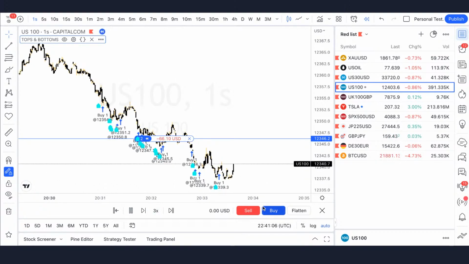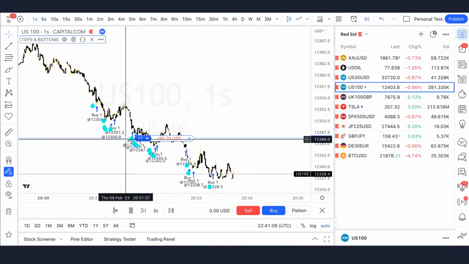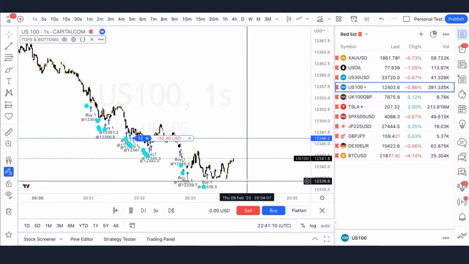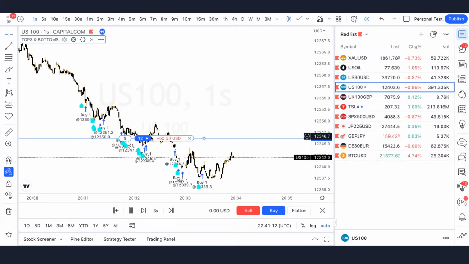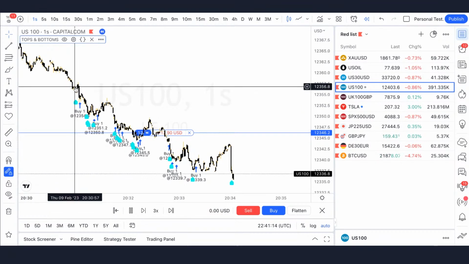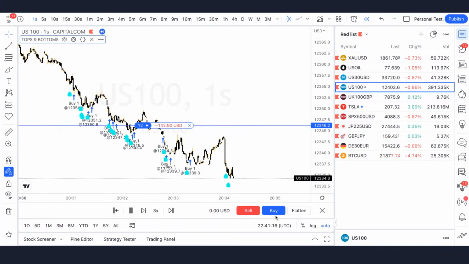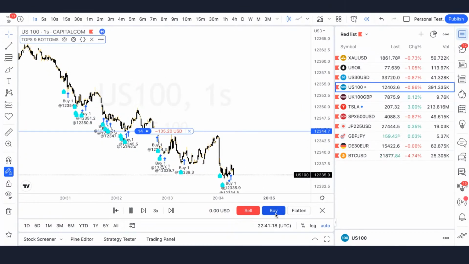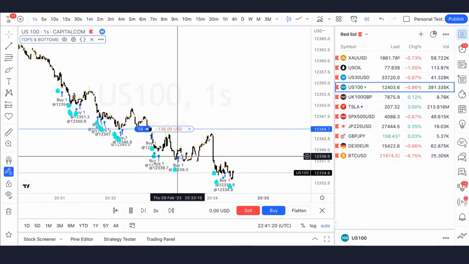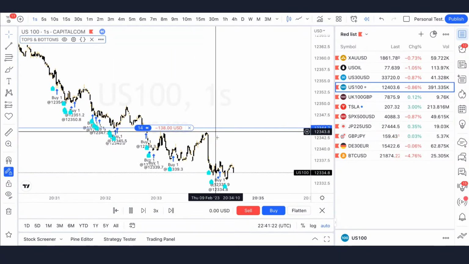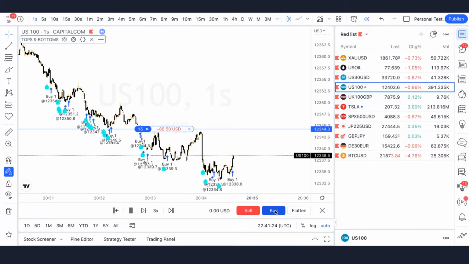That's exactly what we did here, averaging into the trade. You can see this is where the average entry position is. Even though our first entry is here, once we start adding more, the average entry starts dragging down and it enables us to get into that profitable zone much quicker.